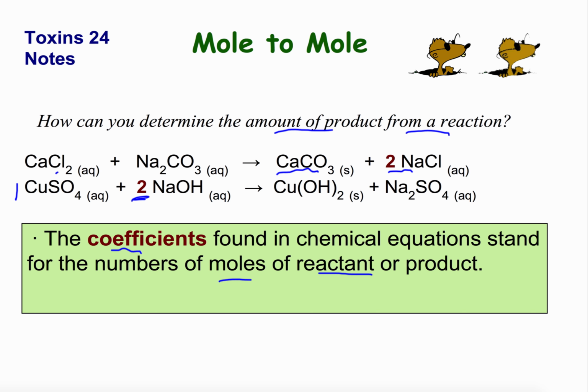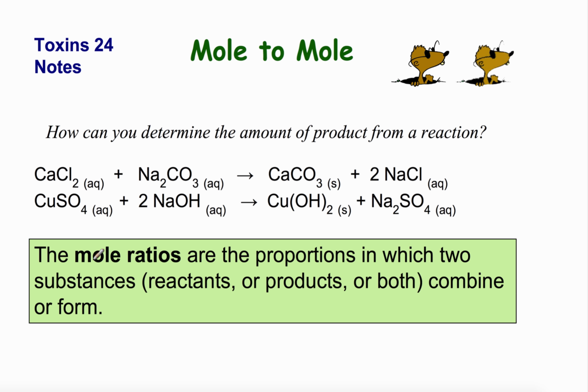So what we can identify here are these things called mole ratios. Mole ratios are the proportions in which the substances, both reactants and products, combine. This would be a 1 mole of CaCl2 to 1 mole of Na2CO3, a 1 to 1 mole ratio, because these both have coefficients of 1.